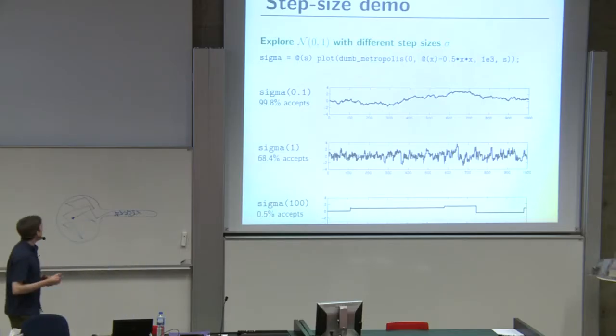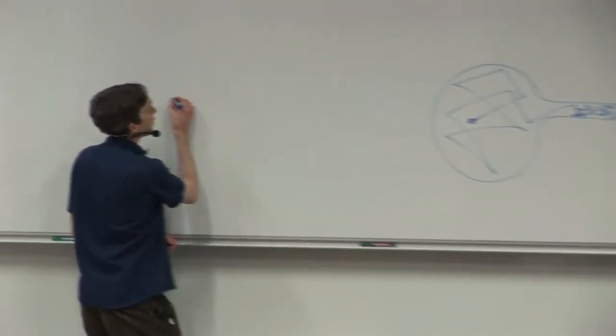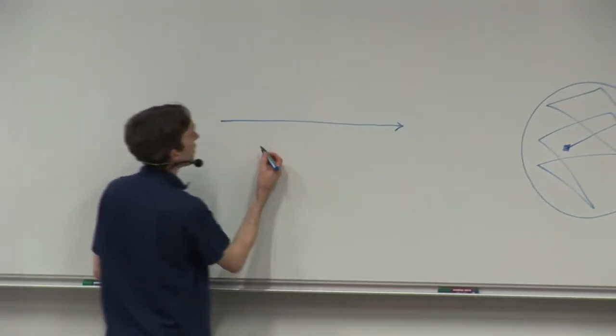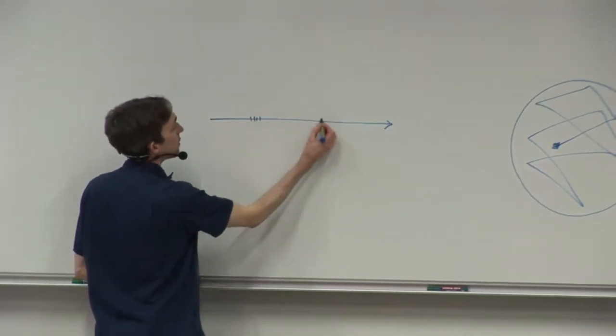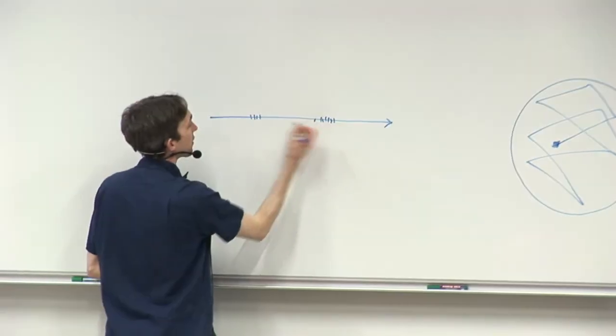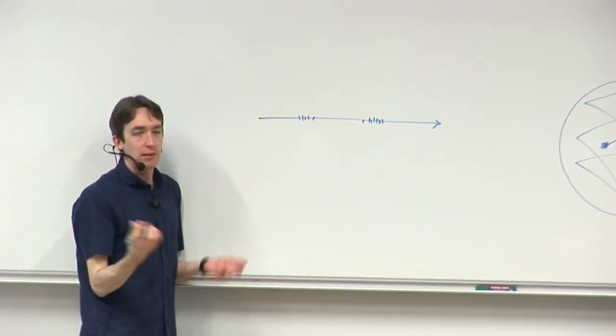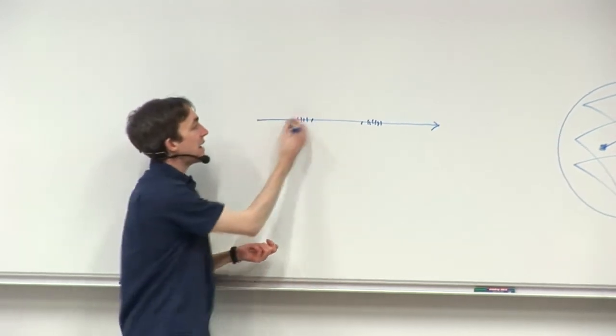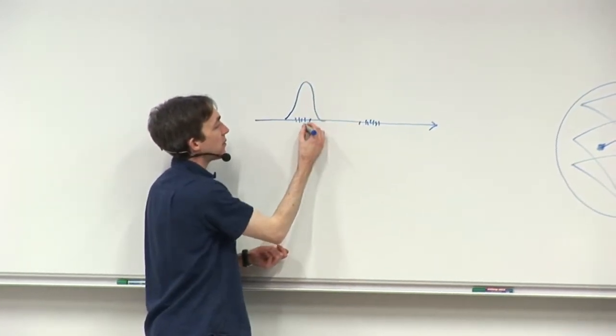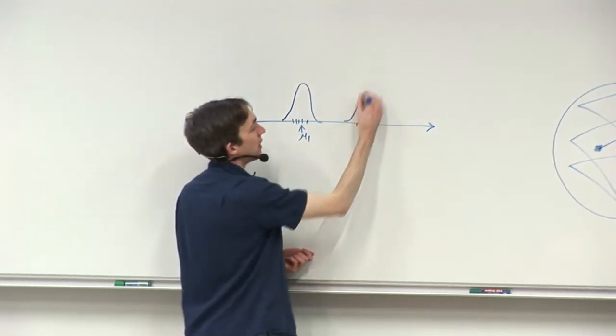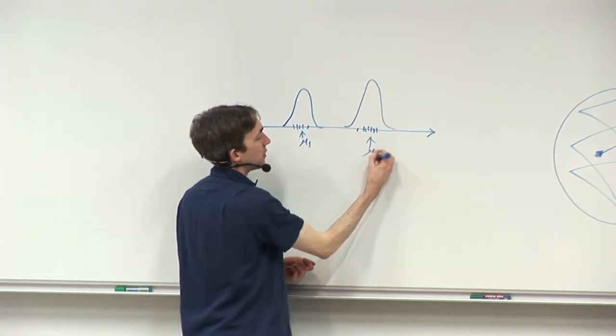So let's say I've got a data set with data that looks like that, and I'm going to fit a clustering model, and I'm going to fit a mixture of 2 Gaussians. And let's say I know the widths of the Gaussians, so I have 2 parameters. One is mean 1, and one is mean 2.